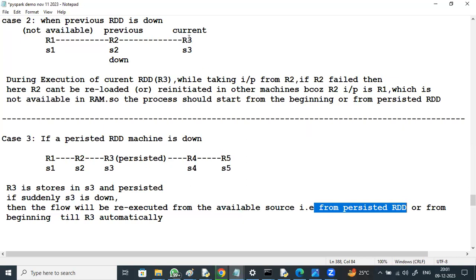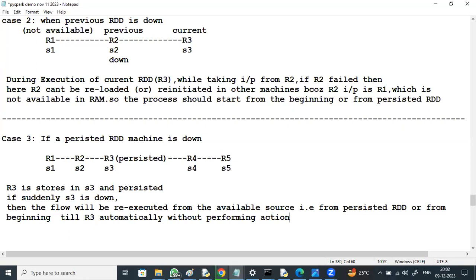Sir, one question. You said that no action is required to re-persist R3. Say a process is going on where this persisted RDD is not used, and the system S3 goes down; it will automatically re-persist it, calculating from R1, R2, and then R3.